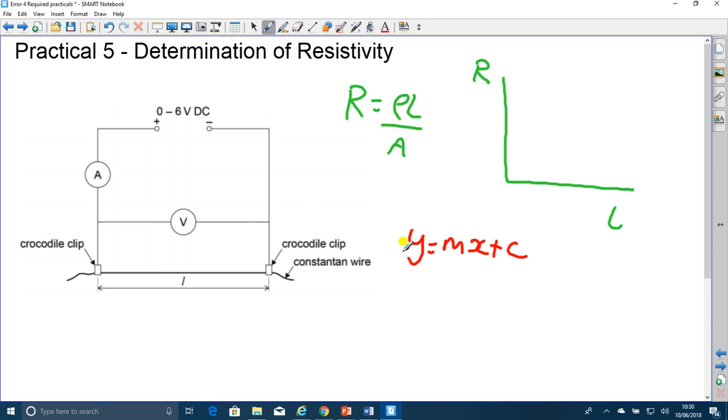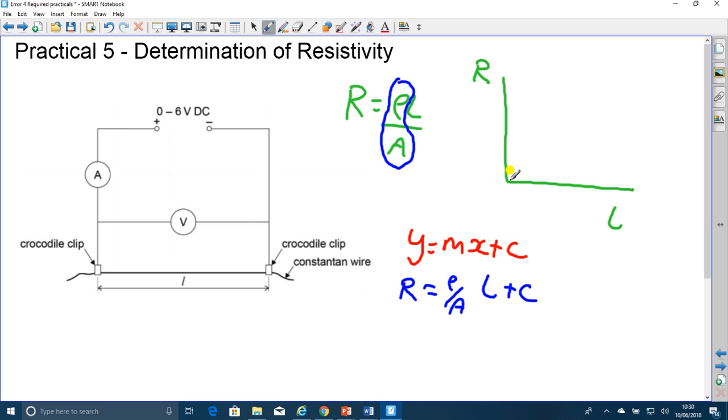So we've got R equals, the x-axis is obviously L plus C, so it's rho over A. Okay, so the gradient in this case is rho over A.